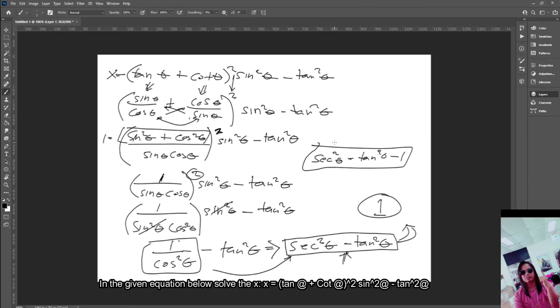You can write it whichever way, as long as it follows this format, like tangent theta negative, and then secant, the way our equation is here, plus secant squared equals 1. Okay, so that's it, guys.